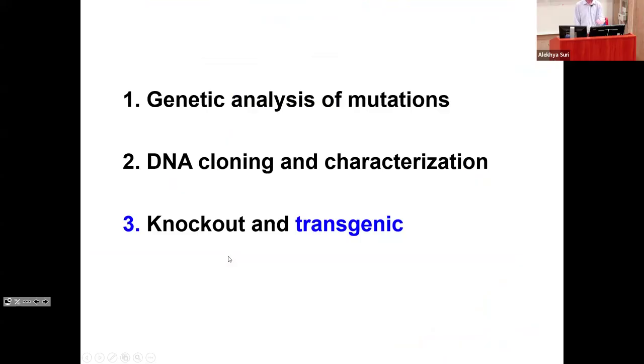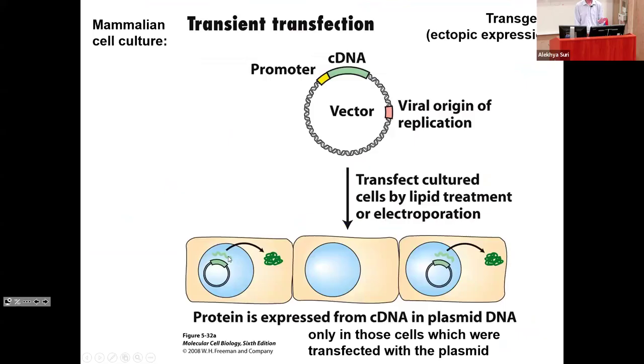Okay, last one would be transgenic. It means that you can, for example, make a gene or a protein overexpressed. You can also express, for example, a mutant gene, overexpress this. That's another way.